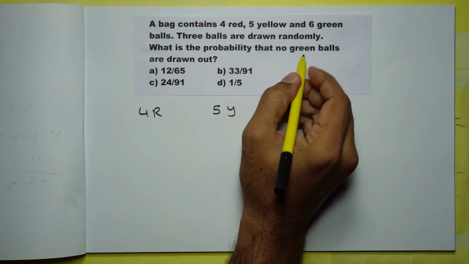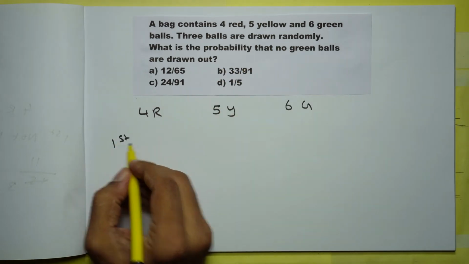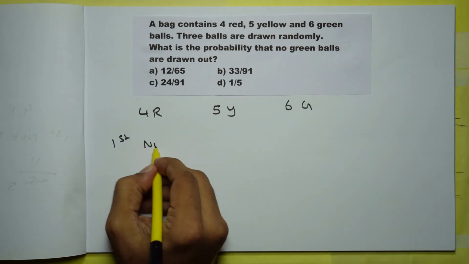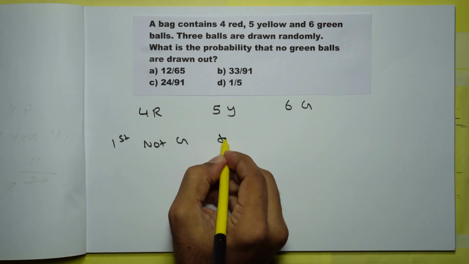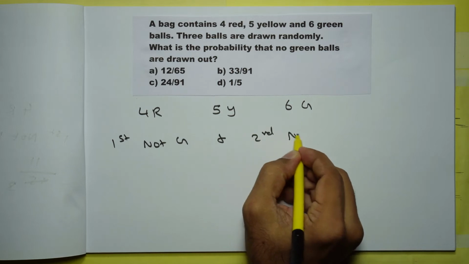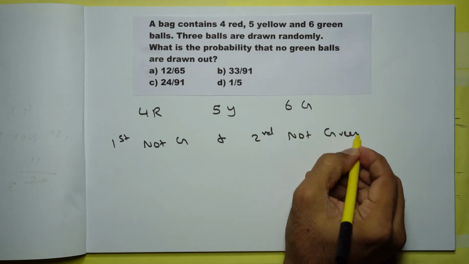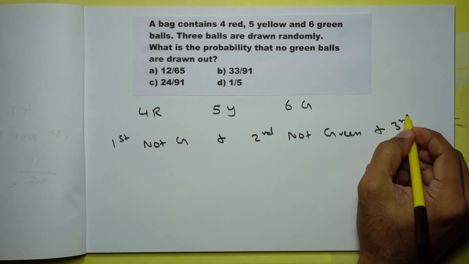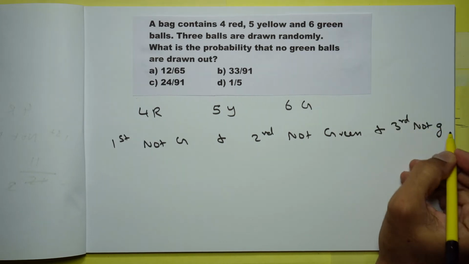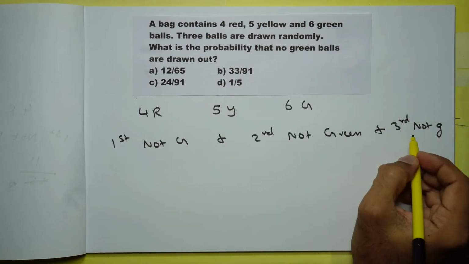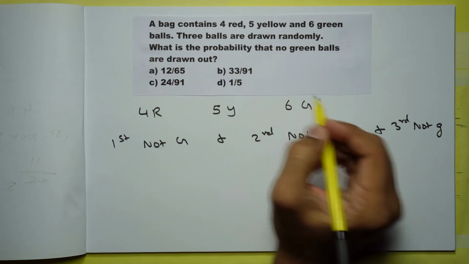So the favorable case is that in the first pick, a green ball is not selected. So the first one is not green and the second one is not green and the third one is not green. Then it will be a favorable case where no green balls are drawn out.